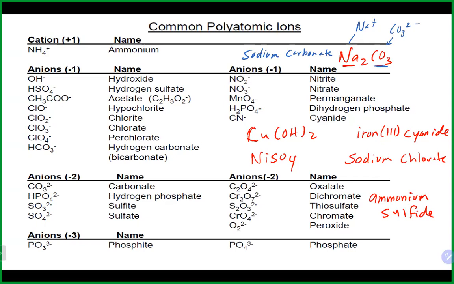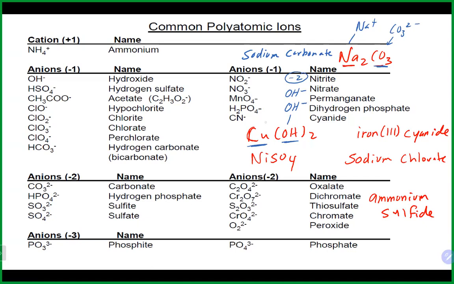Taking a look at the one here in the middle, that is copper, which is a metal. That is hydroxide, which is a nonmetal. In this case, that copper is a type 2 metal, which means we do need to figure out the charge on it. We do know that hydroxide from the table here is OH minus, and there are 2 of them, which gives us a -2 overall charge.